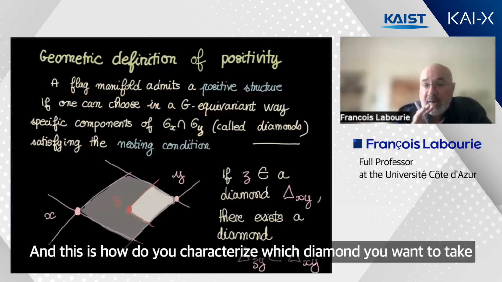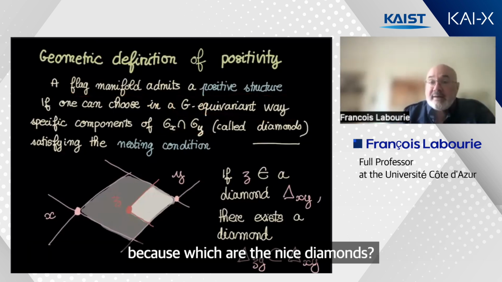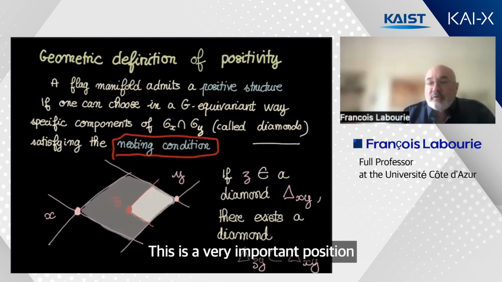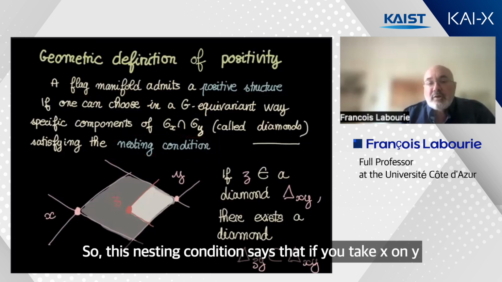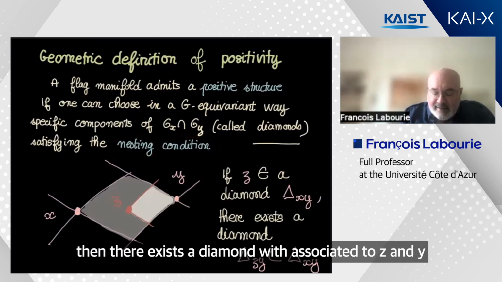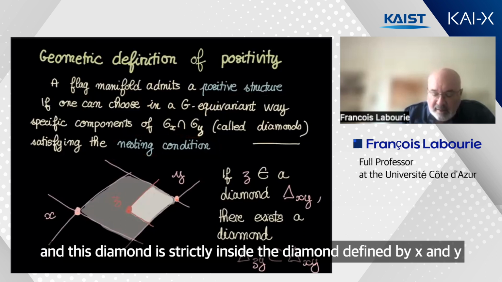How do you characterize which diamonds you want to take? The nice diamonds satisfy a nesting condition, a very important condition. It says that if you take x and y, and z in the diamond defined by x and y, then there exists a diamond associated to z and y which is strictly inside the diamond defined by x and y.